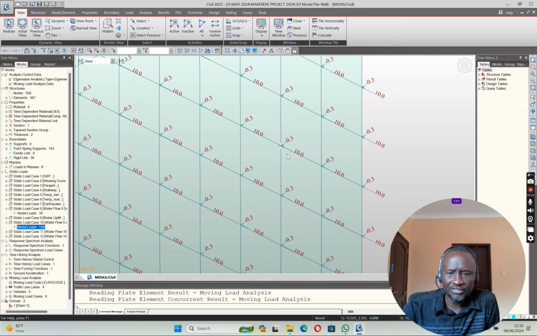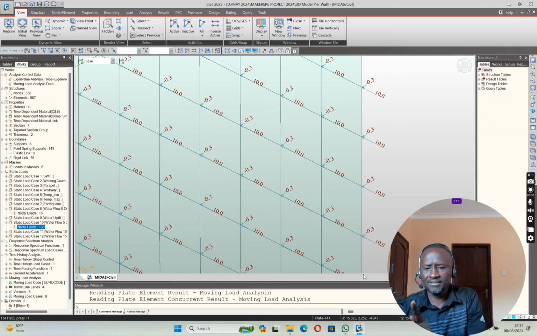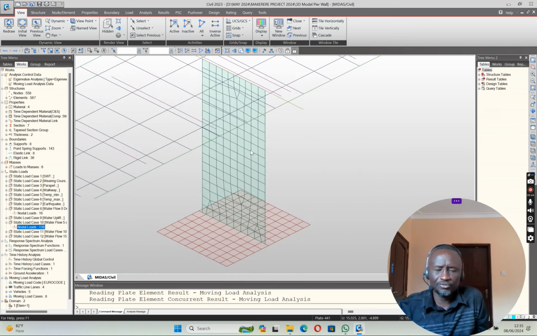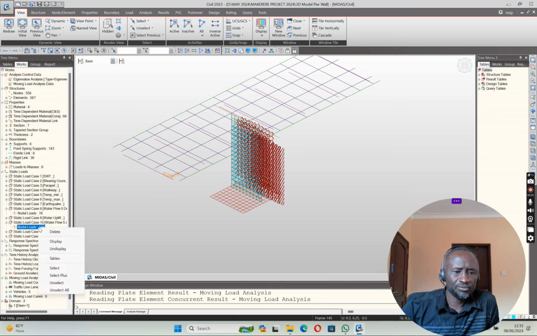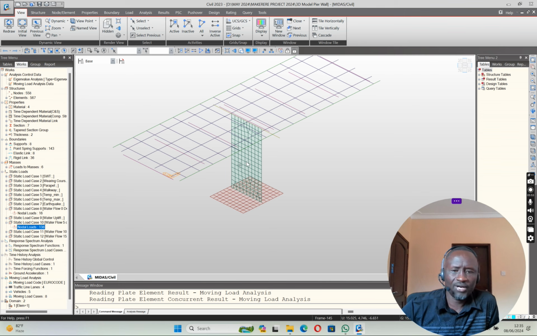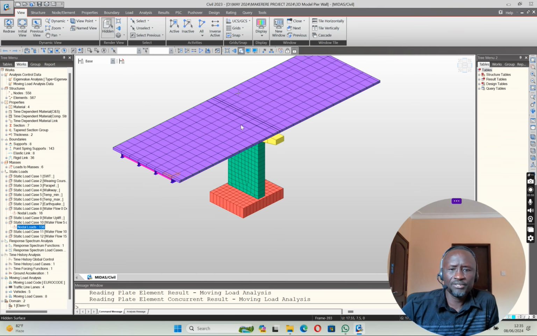Definitely now each of these has got an x and y, so the resultant will be in this direction. So I'm going to simulate and look at the animation and you get to know. But normally you have to make sure you align your bridge in a way that doesn't block water.